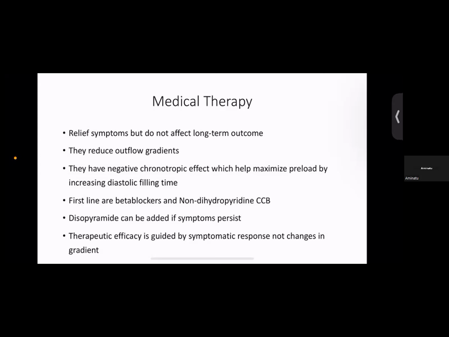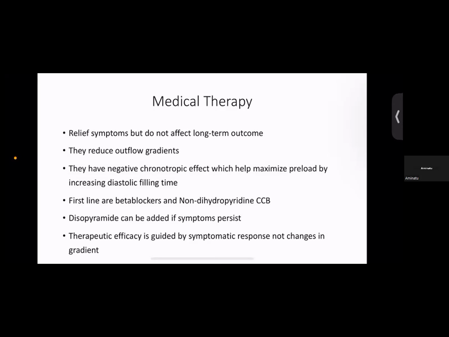So like we know, the major reason why these patients have symptoms is the increase in gradient, the difference in the pressure. So if we increase the diastolic filling time, we'll maximize the preload, and then the gradient will not be as high. So first line drugs are beta blockers and non-dihydropyridine calcium channel blockers.